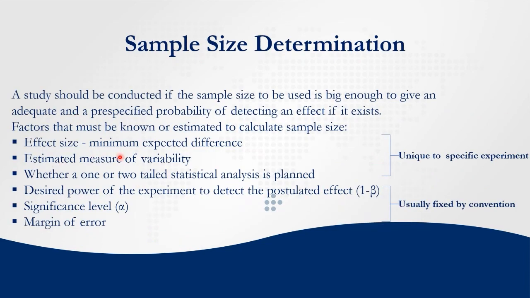So the factors that are required, or some input elements into sample size determination, is the effect size, which we will explain, which is the minimum expected difference. That is the difference that would be significant practically. Then we also need the measure of variability, and we need to be able to say whether we're doing a one-tailed or two-tailed statistical analysis.